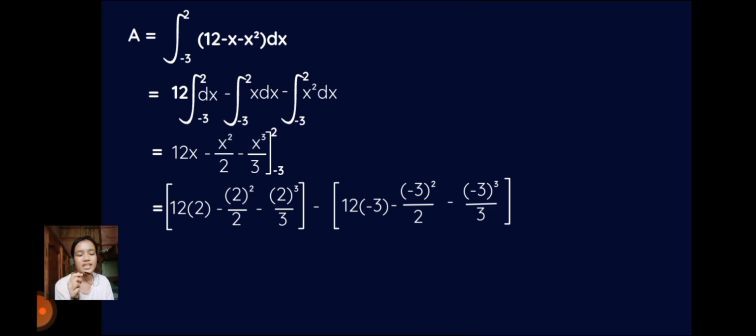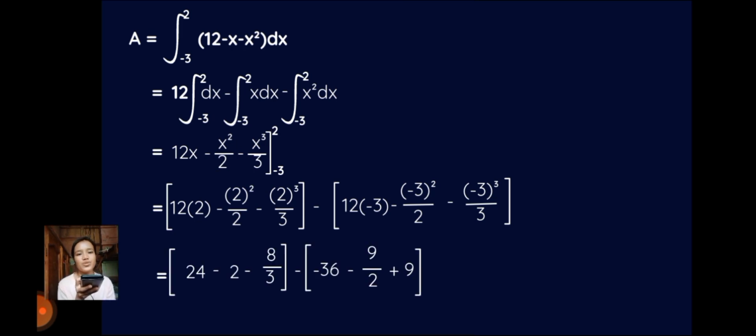So, let's calculate this one. 12 times 2 is 24. Then, 2 squared is 4, divided by 2 is 2, and since it is minus, minus 2. Then 2 cubed is 8 over 3.